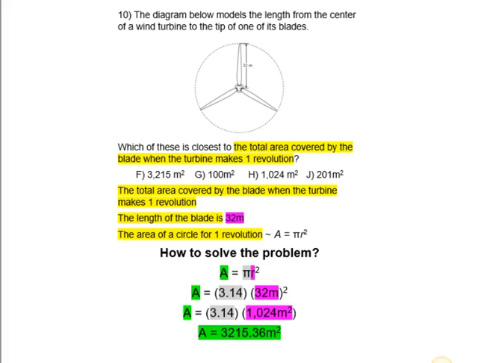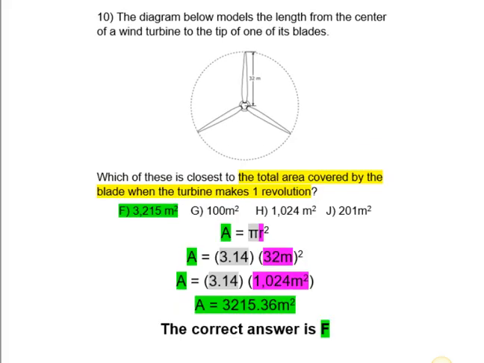So in looking at our answer choices, which answer choice is correct? It is F. And if you said F, you are correct. This answer is the closest to the total area covered by the blade when the turbine makes one revolution. Let's move to question number 11.